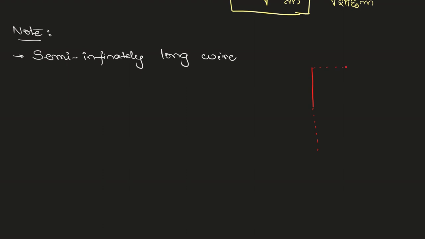From one end of the wire, if they ask at a point P, assuming it is positively charged, it will have both x component as well as y component. It will be directed away. Y component will be k lambda by r, and x component will also be k lambda by r due to a semi-infinitely long charged wire.